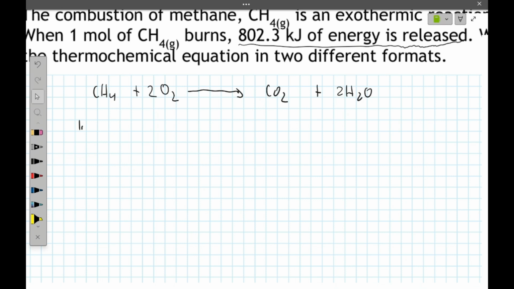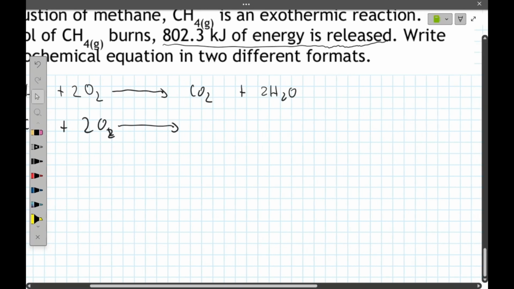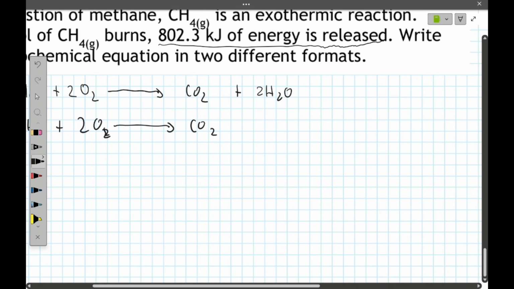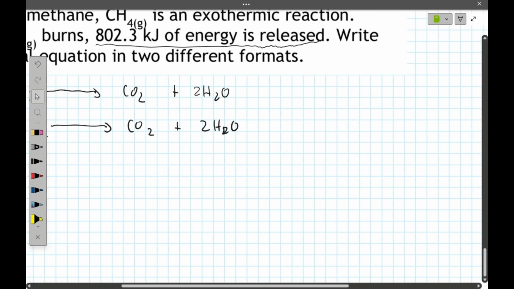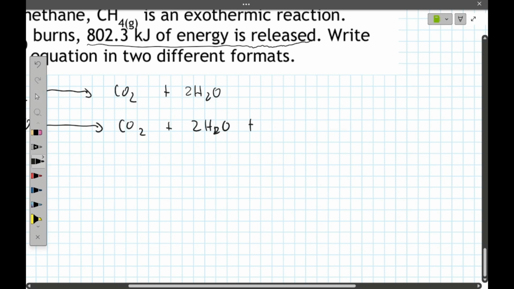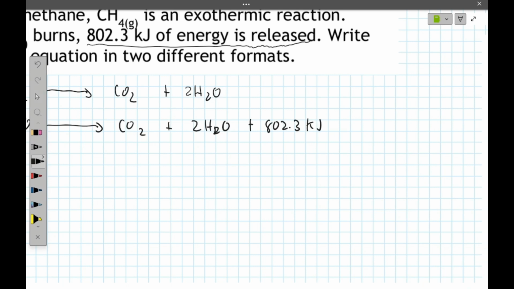So CH4 plus 2O2 becomes CO2 plus 2H2O plus the energy, 802.3 kilojoules.